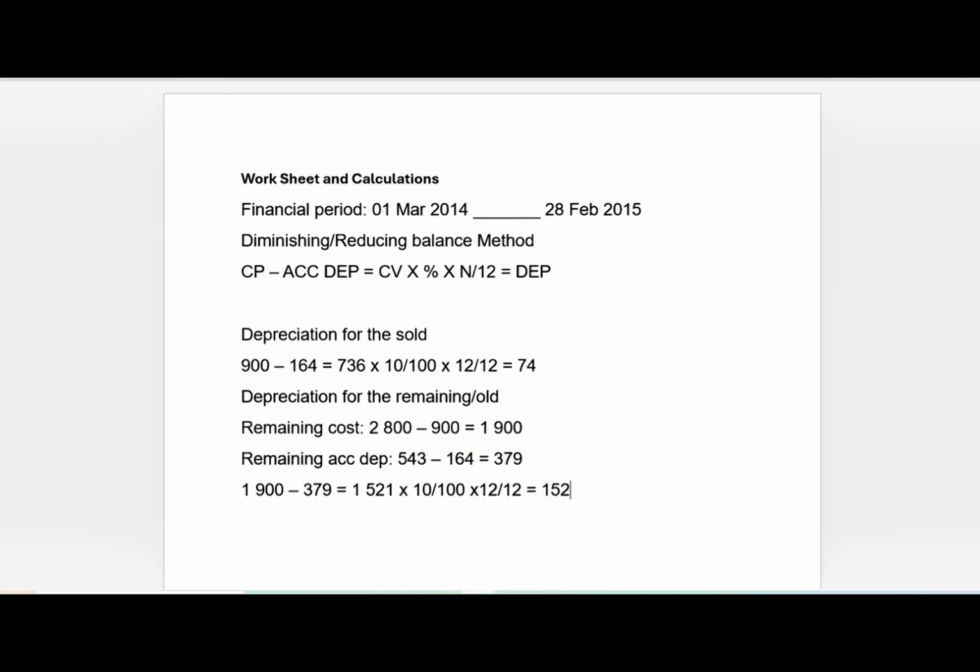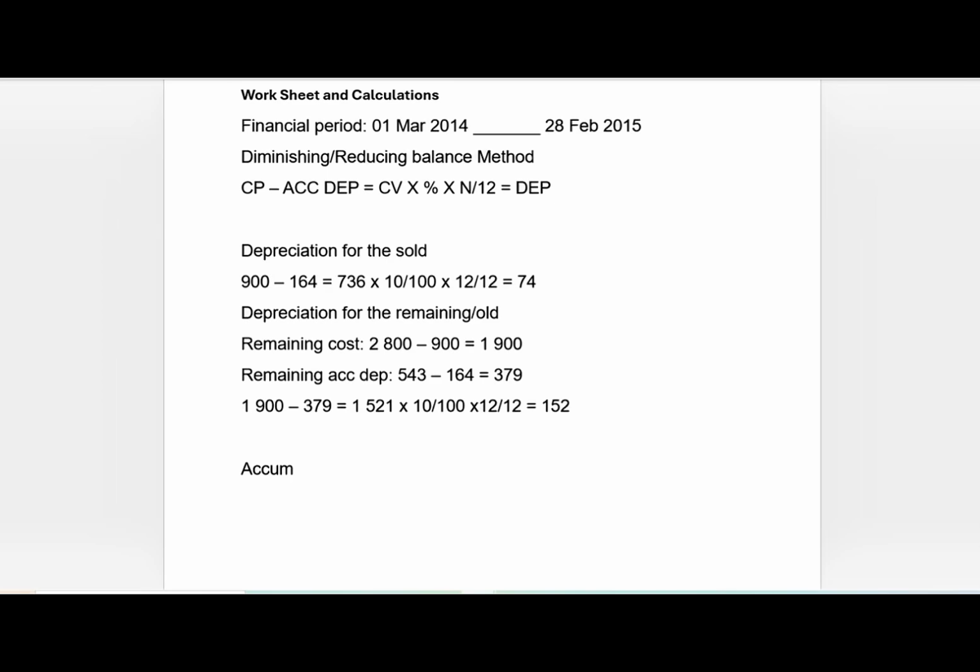All right, and then we are done with calculating depreciation for all these vehicles. What we need to do now is calculate the accumulated depreciation for the asset disposal. That will go to your accumulated depreciation account and will also go to the asset disposal account.